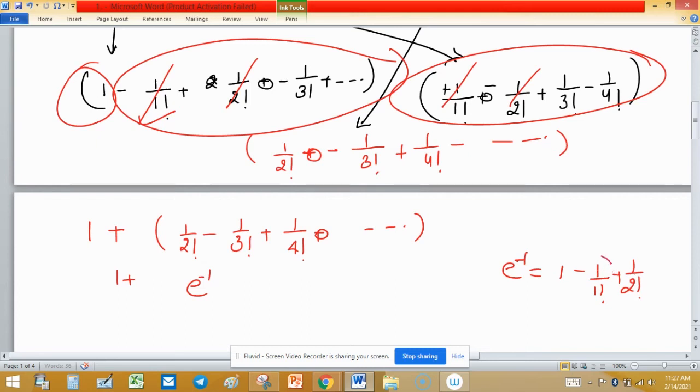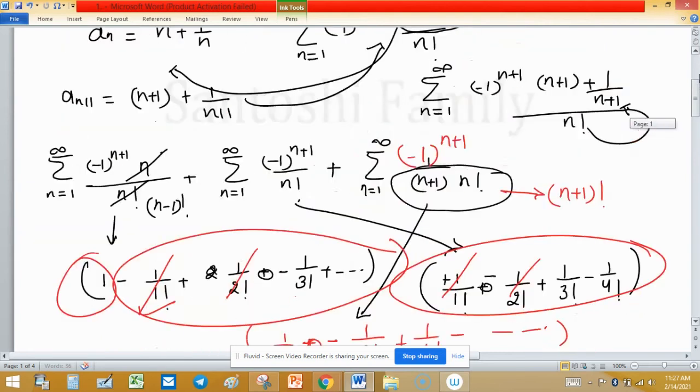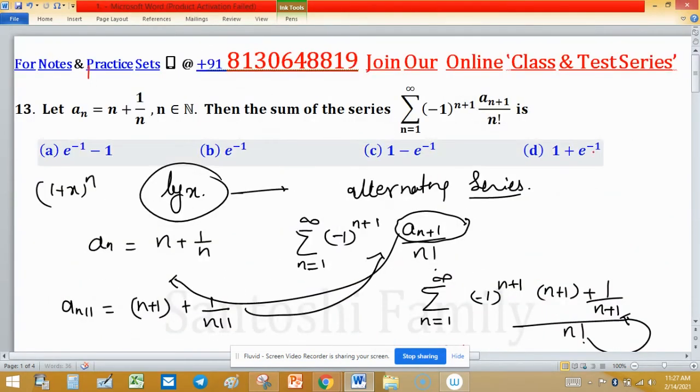So these two terms we need to add and subtract. So minus 1 plus 1, it will cancel out. So 1 plus e inverse will be our right choice. 1 plus e inverse is option D. So option D is the correct option.